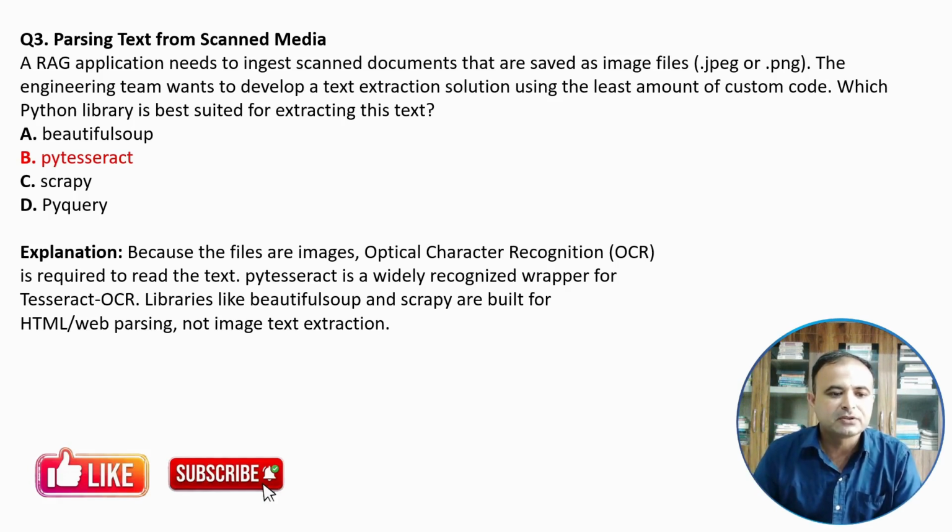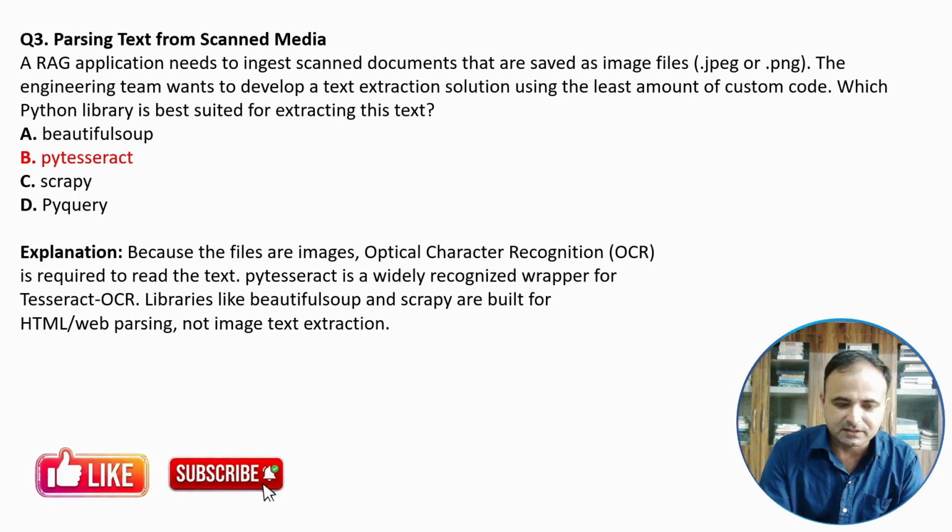Which Python library is best suited to extracting this text? We are also familiar with other libraries like Beautiful Soup, web scraping, Scrapy, PyQuery, Pandas, NumPy, sklearn, and PyTorch. There are lots of Python libraries that should be clear, but here the correct answer is C, because the files are images and optical character recognition, OCR, is required, which pytesseract provides.